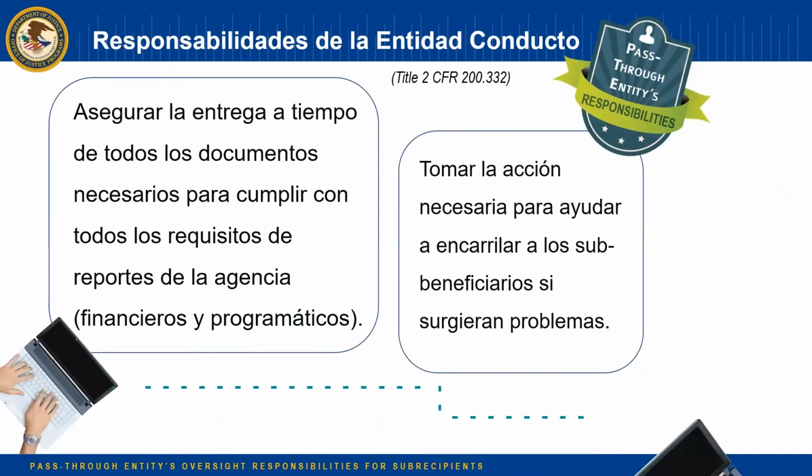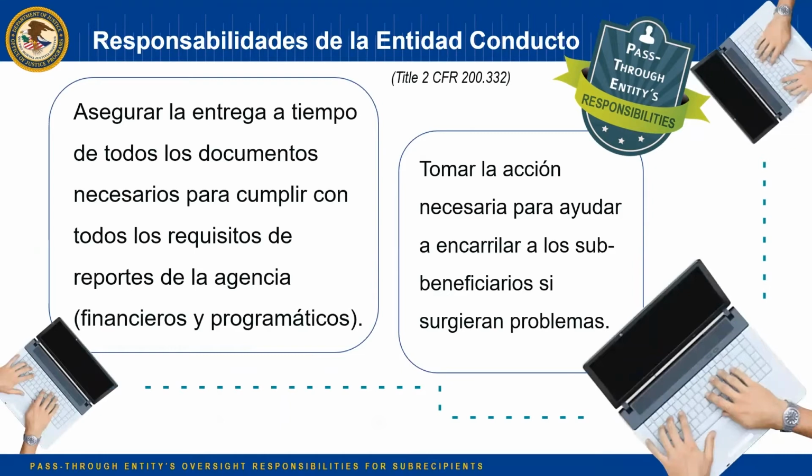So the pass-through entity should ensure that sub-recipients submit all reports or documentation in a timely manner. If your sub-recipients are not submitting documentation to you in a timely manner, it will affect your ability to submit those reports to the federal funding source in a timely manner.